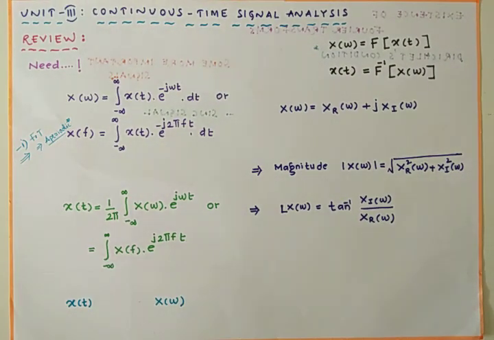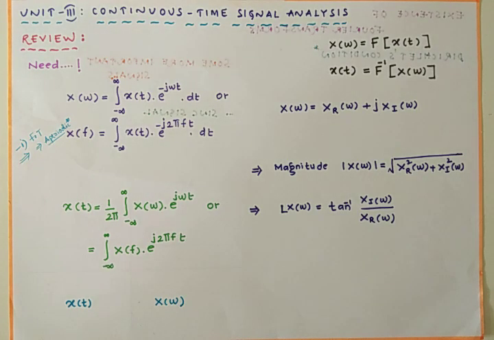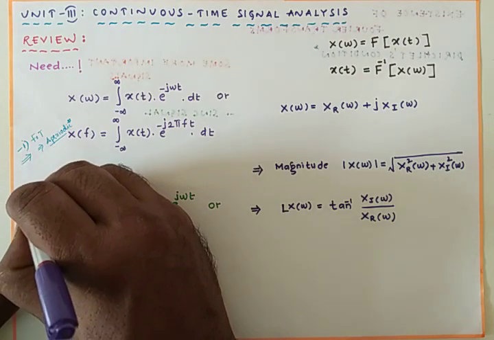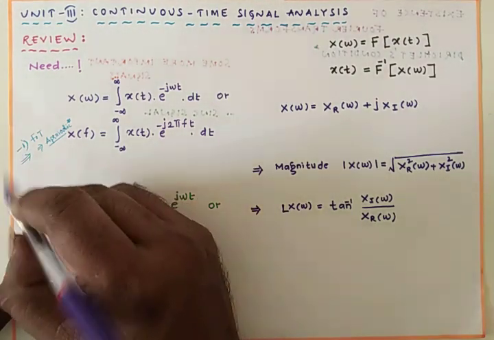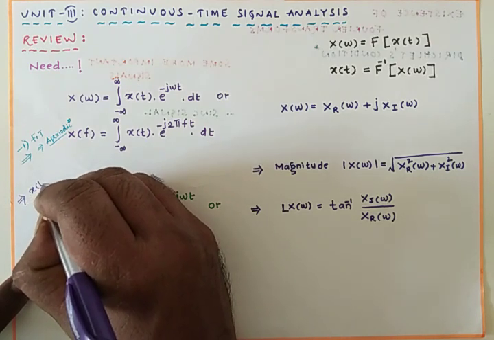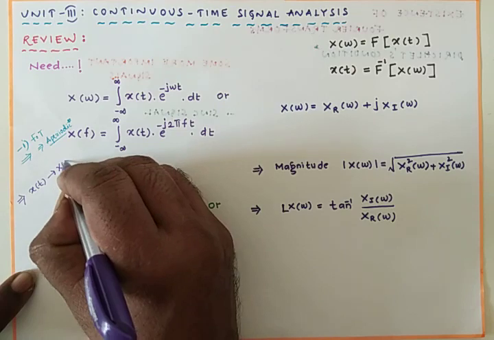The next important point is that the Fourier transform is a mathematical tool which converts the time domain signal, that is x of t, into the frequency domain signal.